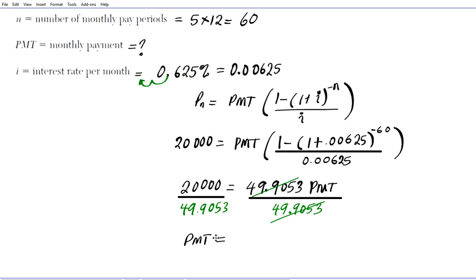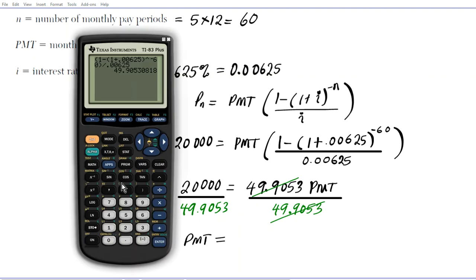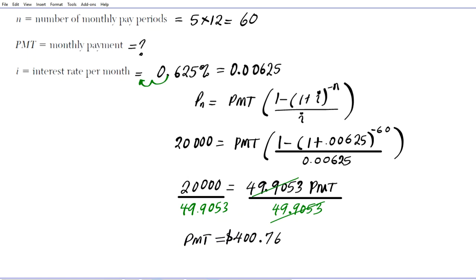In our calculators, we'll enter 20,000 divided by the previous answer. To insert the previous answer, I can just press second function negative, which calls up my previous answer. Enter, and we have 400.76 to the nearest cent. That's the monthly payment.